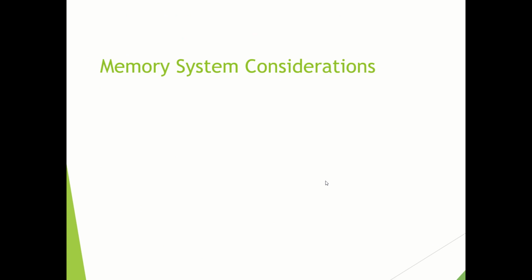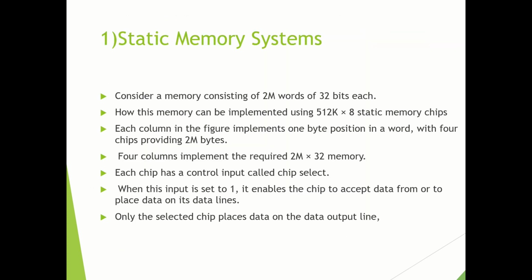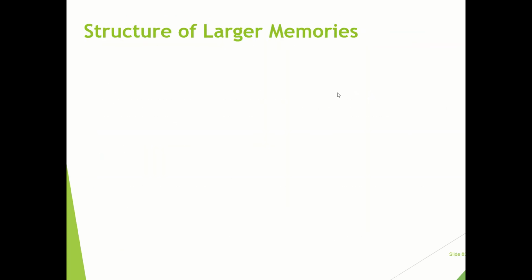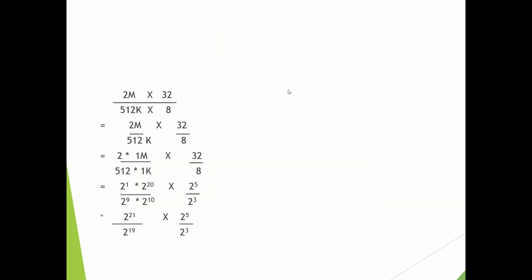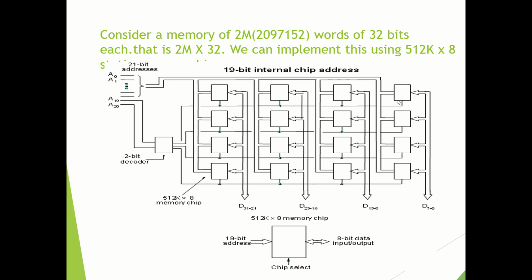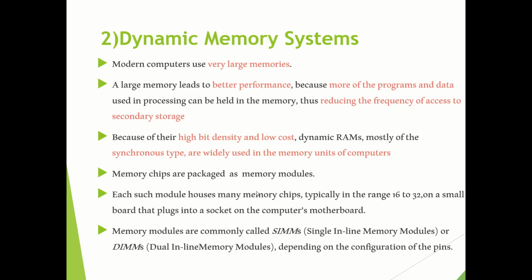So the main points we studied here are about the structure of a larger memory. Two types of memory systems or RAMs are there, the static RAM and dynamic RAM. And we studied with an example how a larger memory will be designed. In the case of dynamic memory systems, the main memories are mostly implemented using DRAMs.